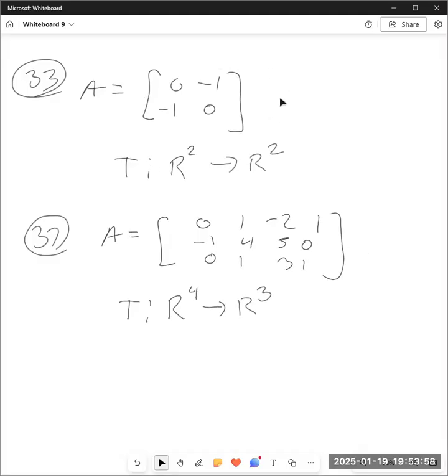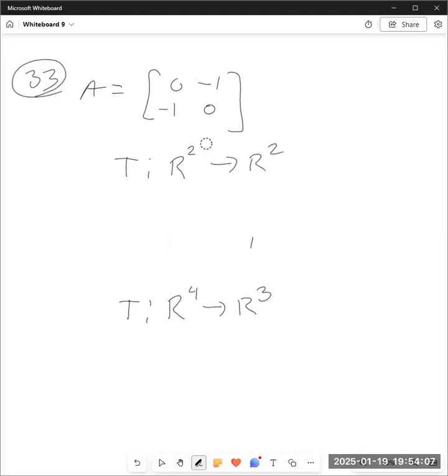39 says, for this actual problem 33, so I'm going to erase this part to write 39.